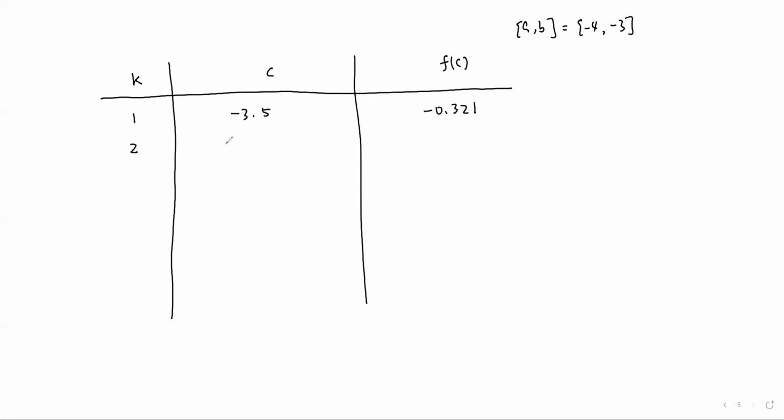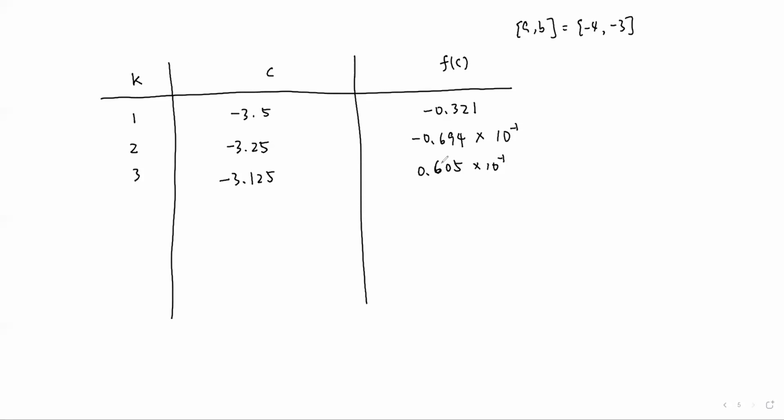Step 2, the midpoint is this. The function value is 0.694 times 10 to the -1. Step 3, the midpoint is -3.125. Some function values are negative, some are positive; the criterion takes the absolute value.